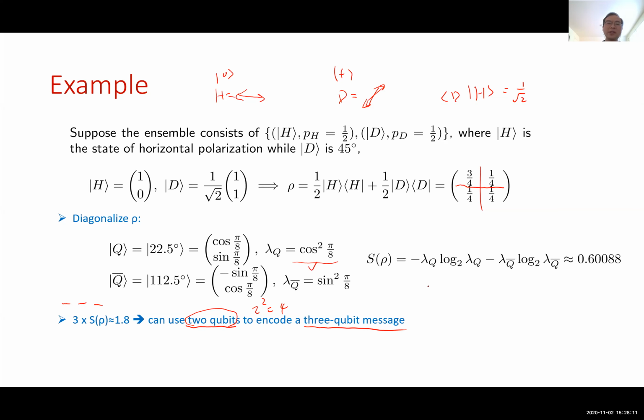So you want to select q, this is the largest eigenvalue or probability. This is lambda q. The next one is q bar, right? There are 3 of them.